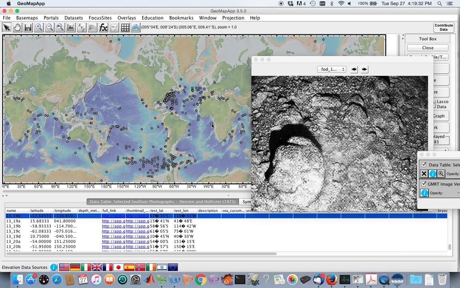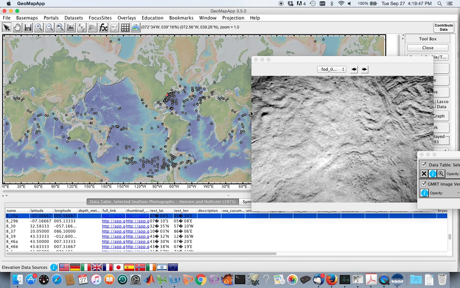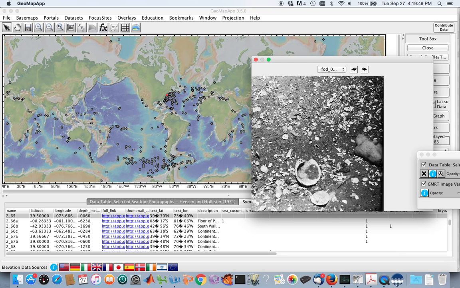Let's go right here. Let's see what we see here. Oh, see, now we're on the deeper sea floor, and we see this fine sediment. This is probably biogenous sediment here. And if we go over here, closer to the North American continent, oh look, we find coarse sediment. We see some shell fragments, some evidence of shallow marine organisms.